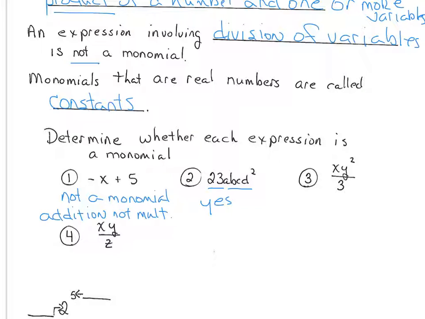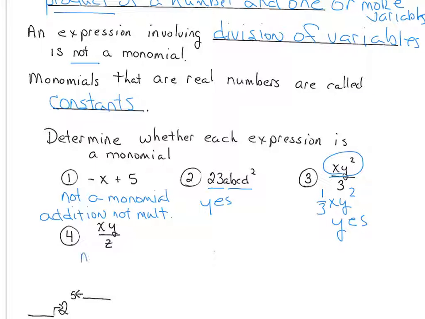Number 3 is the product of variable expressions and a constant. We could even write this as 1/3 xy squared. So yes, this is a monomial because it is a product of a constant and variables.